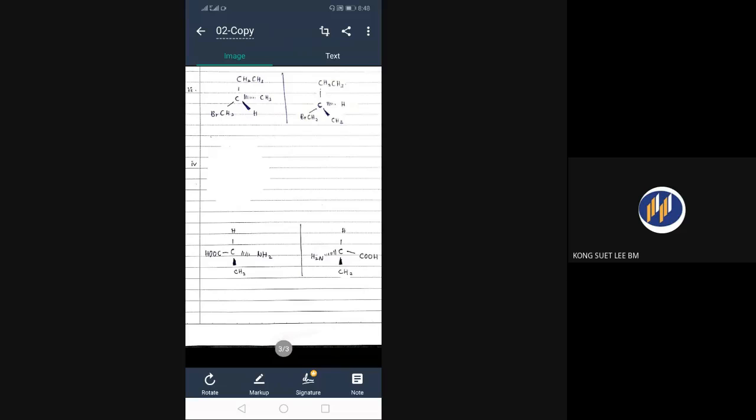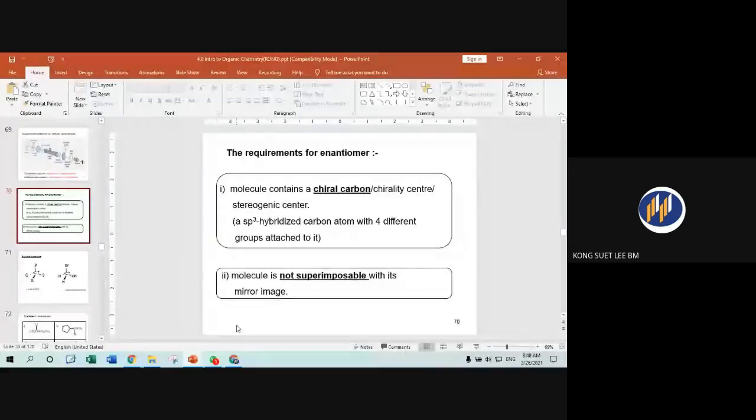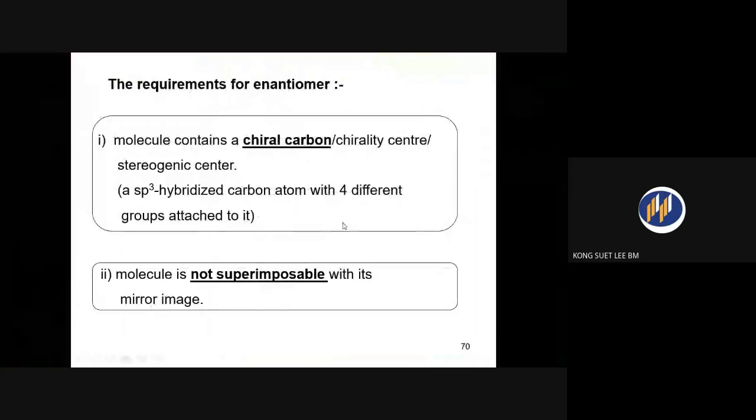Everybody please pay attention now if you're not clear about the concept of chiral carbon yet. Okay, the first requirement: must contain a chiral carbon for the enantiomer or the optically active compound. What is meant by chiral carbon? sp3 hybridized carbon with 4 different groups attached to it, not superimposable with its mirror image.